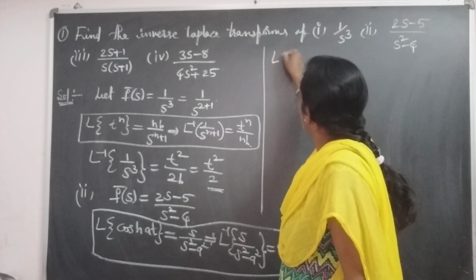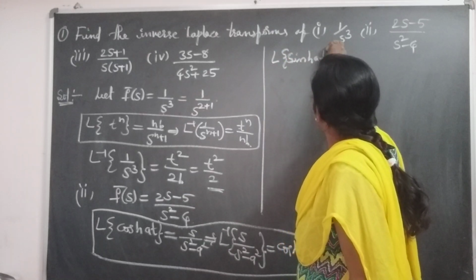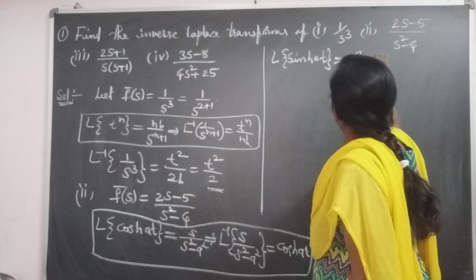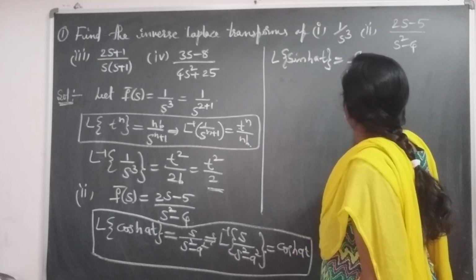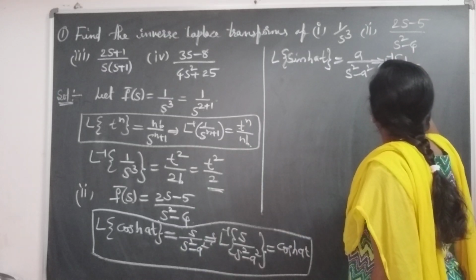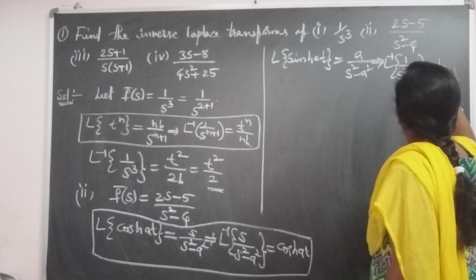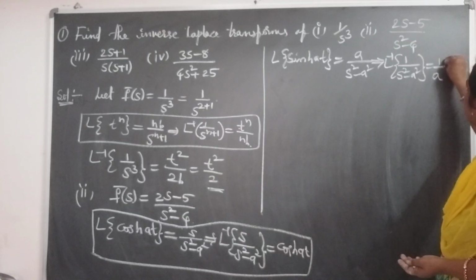Here one more thing: L of sin h at equals a by s square minus a square. From this, L inverse of 1 by s square minus a square is equal to 1 by a sin h at.